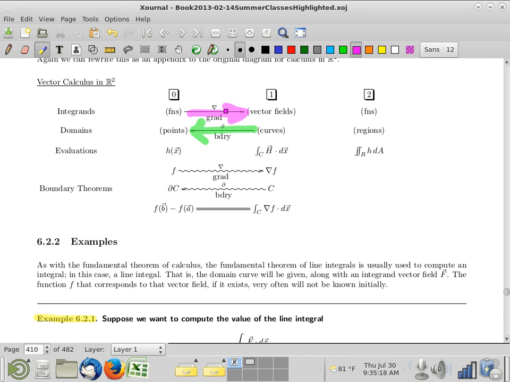And the neat result is that this kind of evaluation of your original function over the boundary of that curve, namely that expression, equals this sort of an evaluation of that gradient field over the original curve, namely that expression. So again, the gradient is sort of complementary to the boundary operator in making two evaluations that equal.